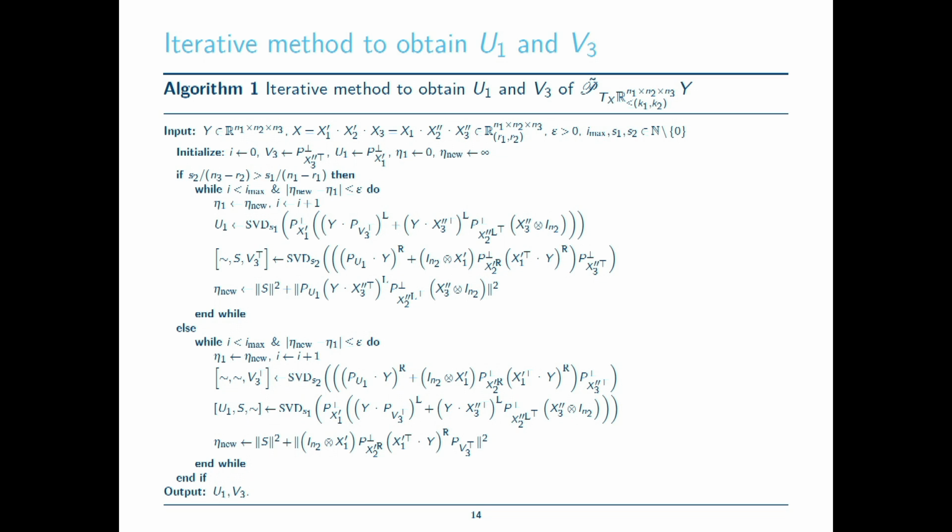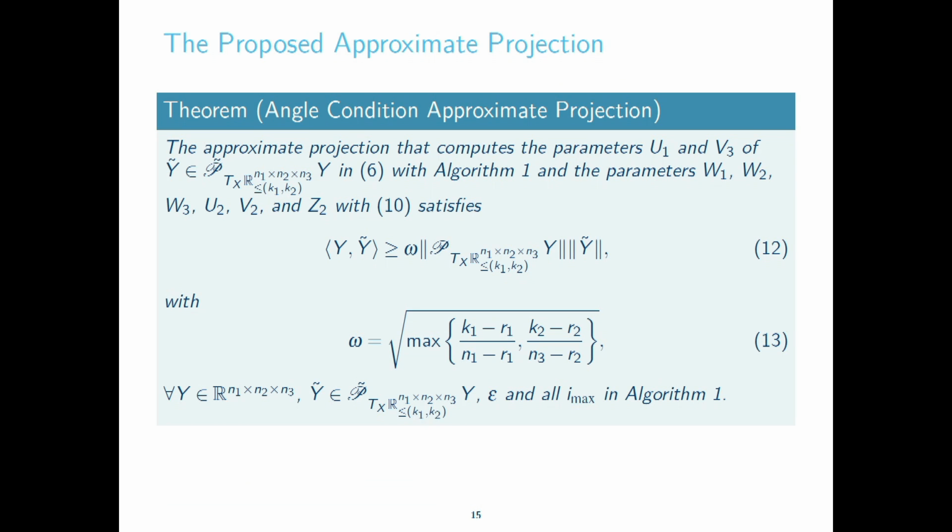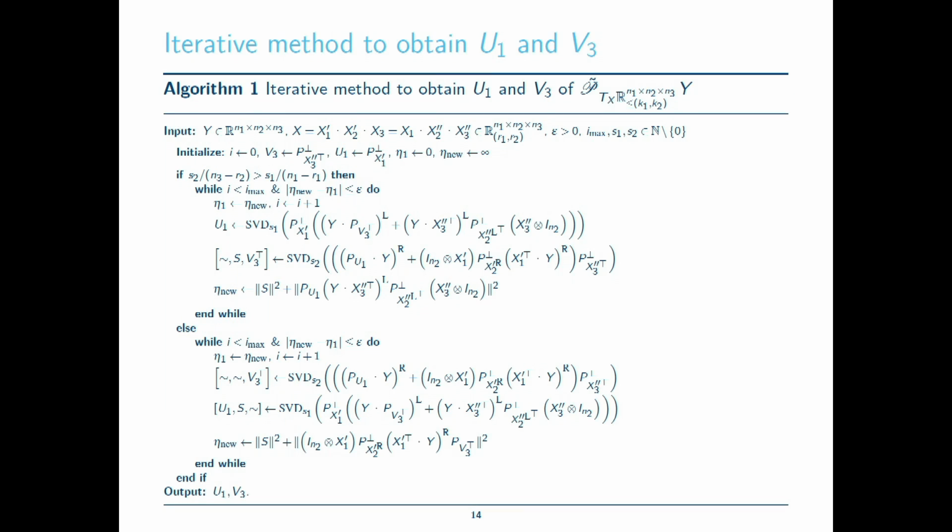As you can see, we also have two parts in the iterative algorithm. This is to obtain the maximum of these two values. So depending on the parameters of the problem, one of these two parts is going to be executed.